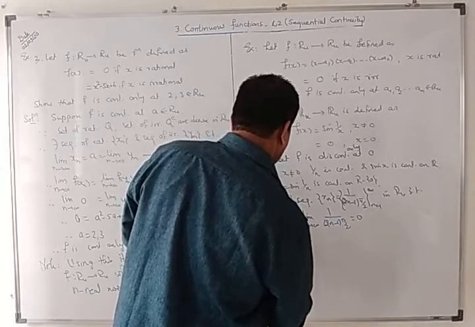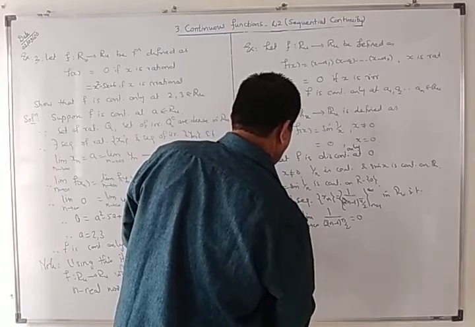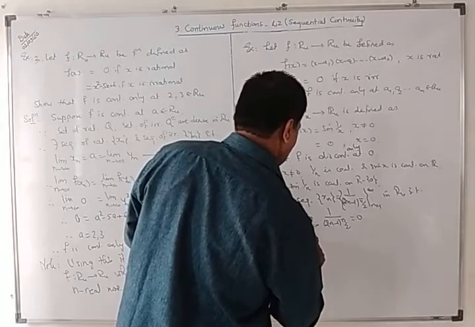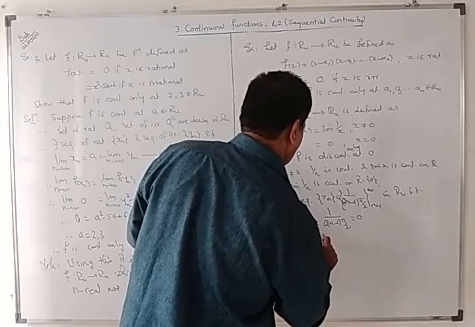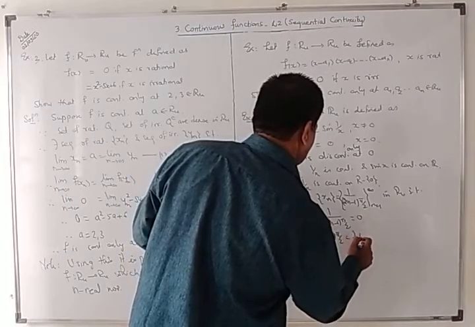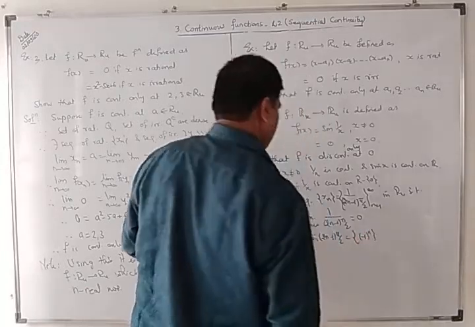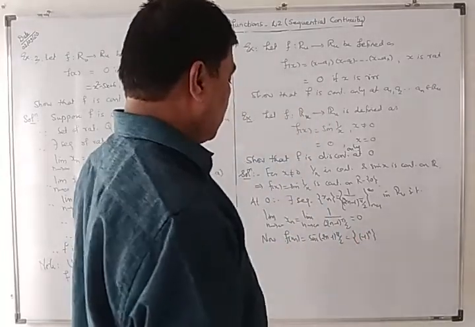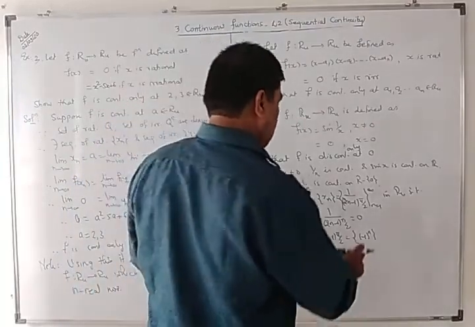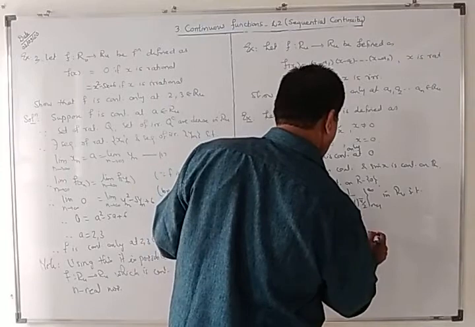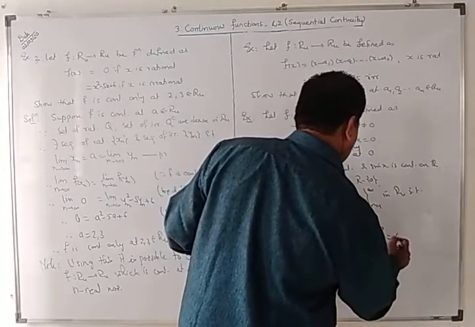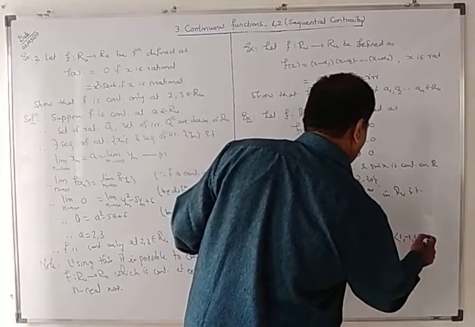Now limit n tends to infinity of f of xn is equal to sin of (2n minus 1) pi by 2, which is nothing but minus 1 raised to n minus 1. If I put n equal to 1, then we will get sin pi by 2. It is nothing but 1, minus 1, 1, minus 1, and so on.